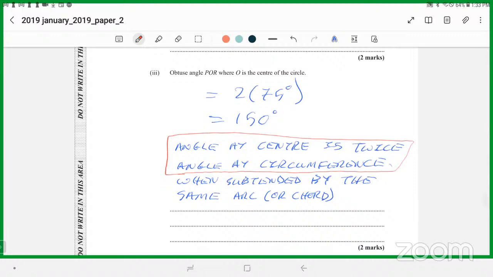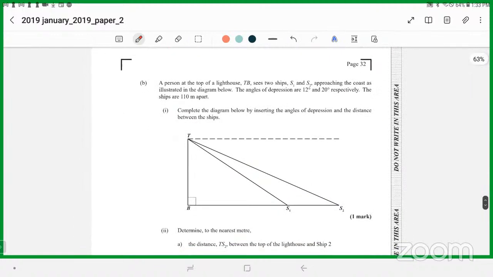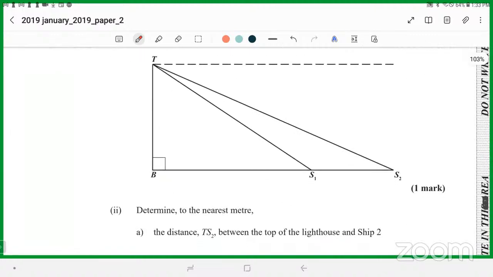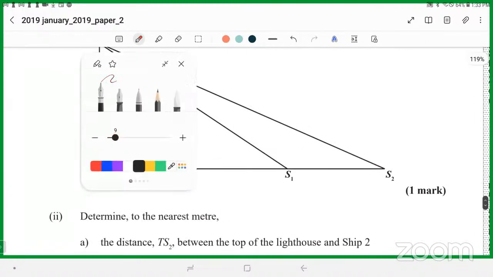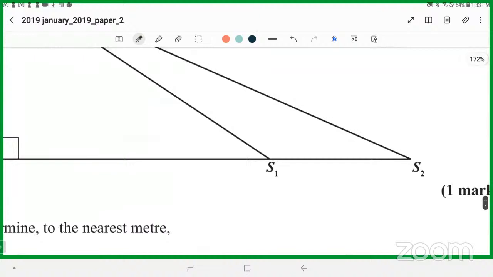All right, next question. This question was a mistake, and I corrected that on the paper that I gave you. So this is really S2, based on the reading of this question, and this is really S1. You have to be smart in the exam room sometimes and know when the paper actually has an error on it.